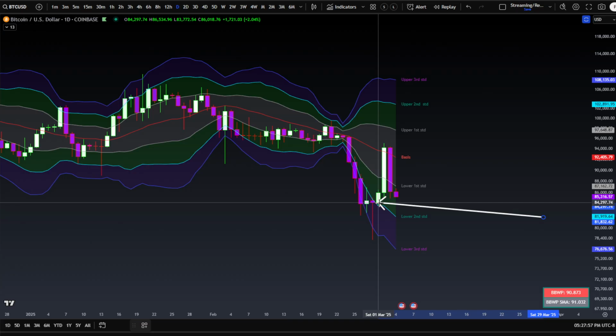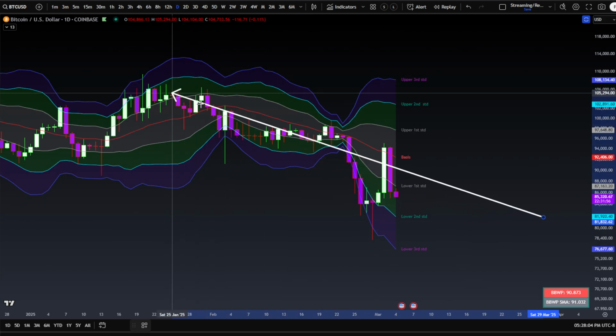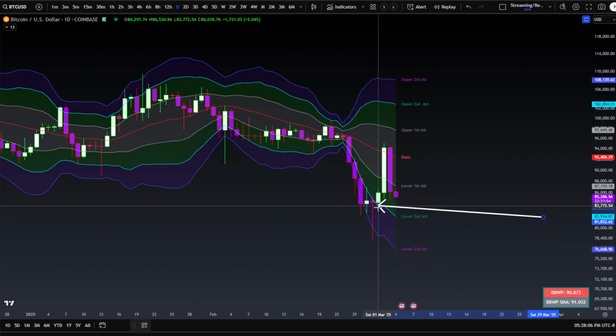We noted that it got above the lower second standard deviation of the Bollinger Bands here in this downtrend, and that there were some important areas to the upside to regain. We're going to take a look at that in more detail here by turning on support and resistance.